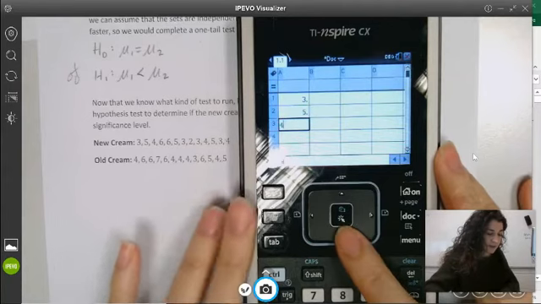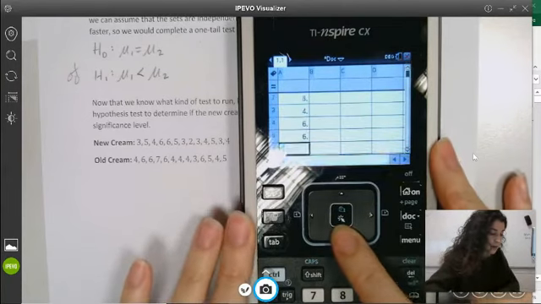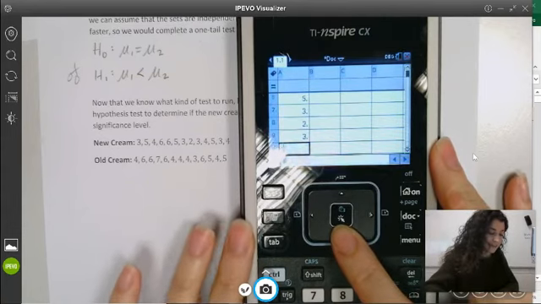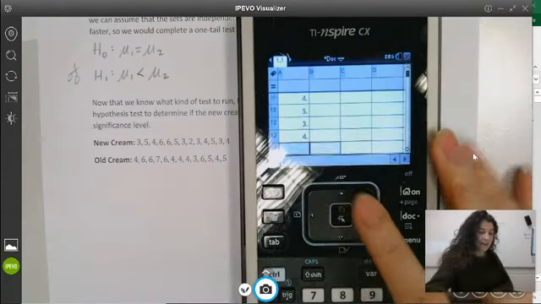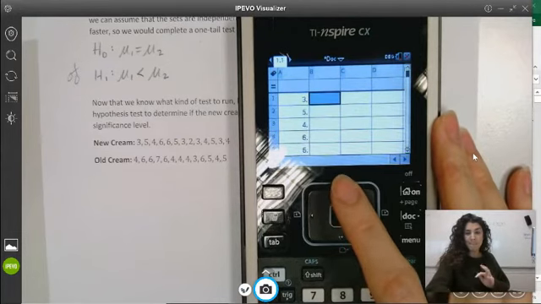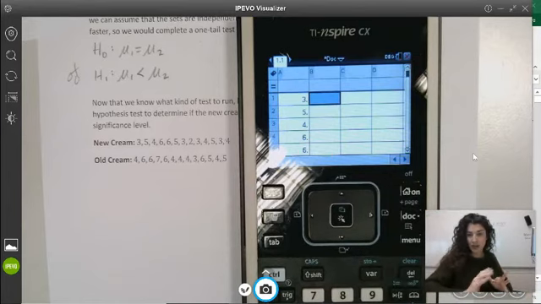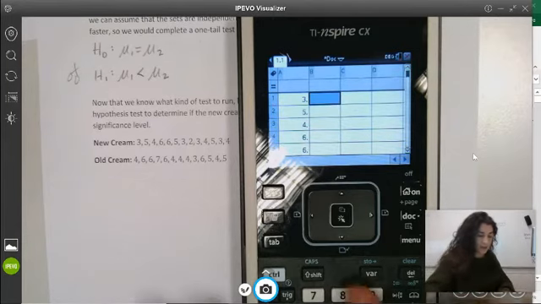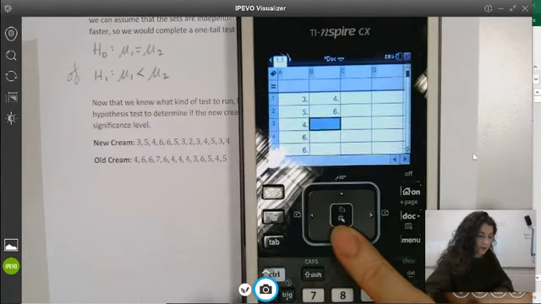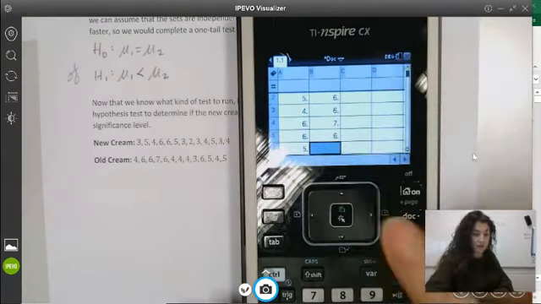It'll typically be presented to you in a way that you would do that anyway. But it would be a potential way for a test to try and trick you and double check, hey, do you know what you're actually talking about here? But I don't think it's going to happen. So we just want to make sure that our mu1 data is here and our mu2 data is there.